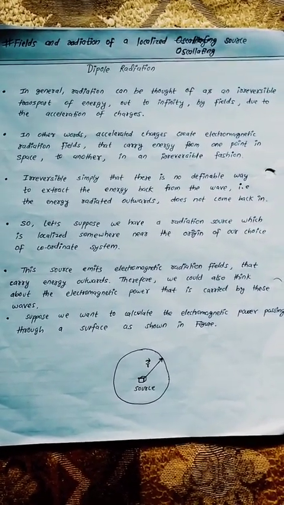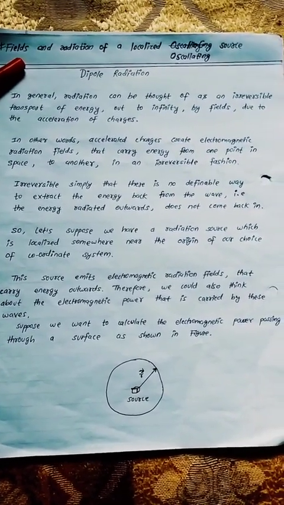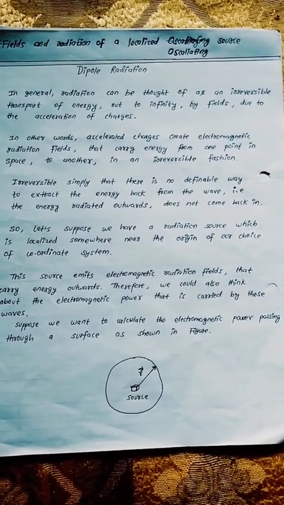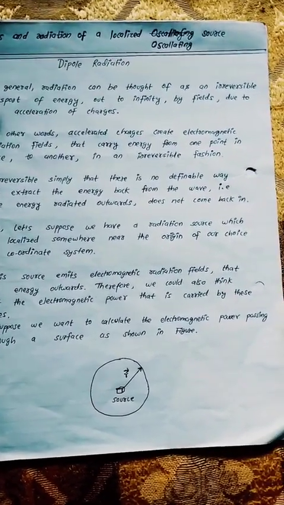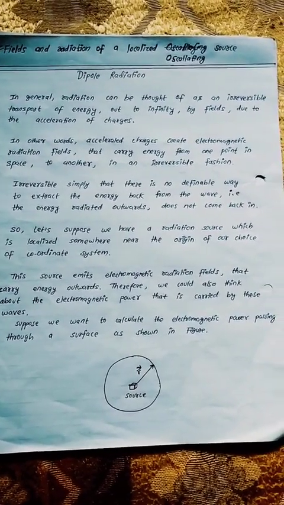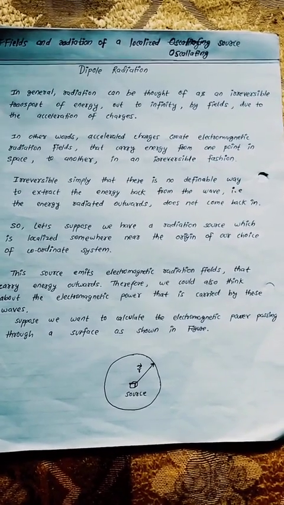Today I am presenting a topic which is fields and radiation of a localized oscillating source. So in general, radiation can be thought of as an irreversible transport of energy out to infinity by fields due to the acceleration of charges.